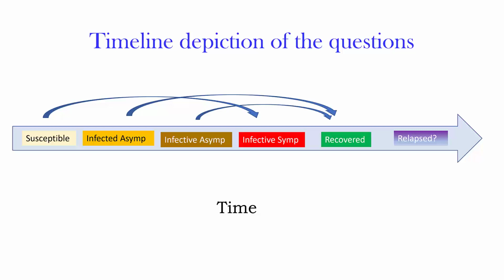If they do go into an infective stage where they can transmit the disease, do they have to go into the infective symptomatics? Do they have to develop symptoms, or can they just recover from the disease? What we think happens now is that the infective asymptomatics do recover and don't necessarily become infective symptomatics.